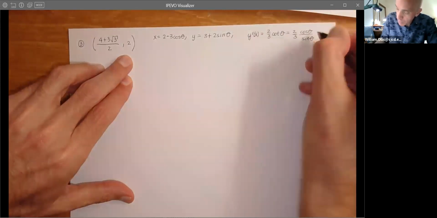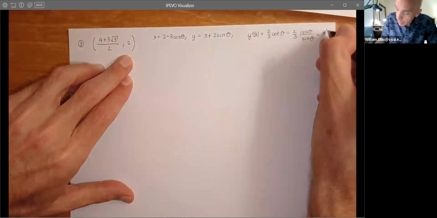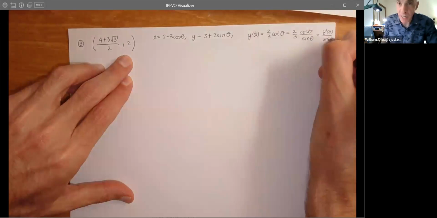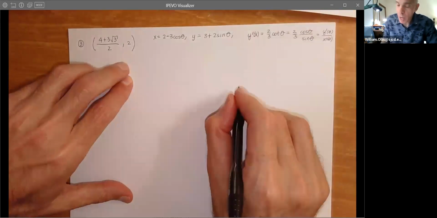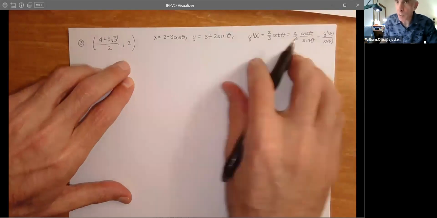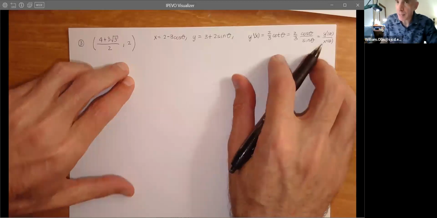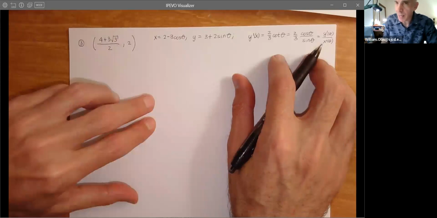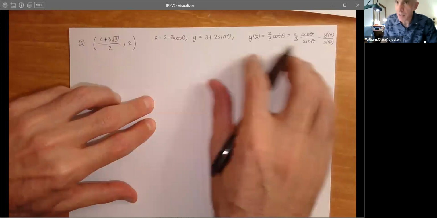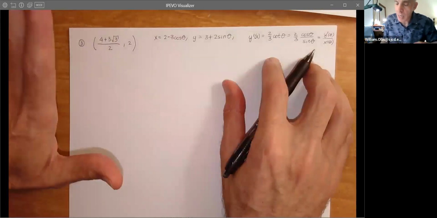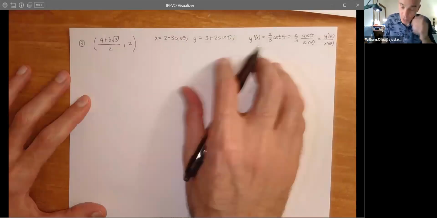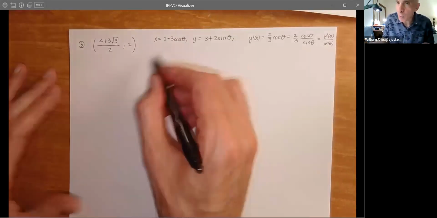And we remember that this is y prime of theta over x prime of theta. When we did the proof, it was x prime of t, y prime of t. There are lots of things to keep in order, and it's very easy to get careless. So I'm trying to be very meticulous about this, just like we're doing series, to keep everything in order. So now we need a parameter value.